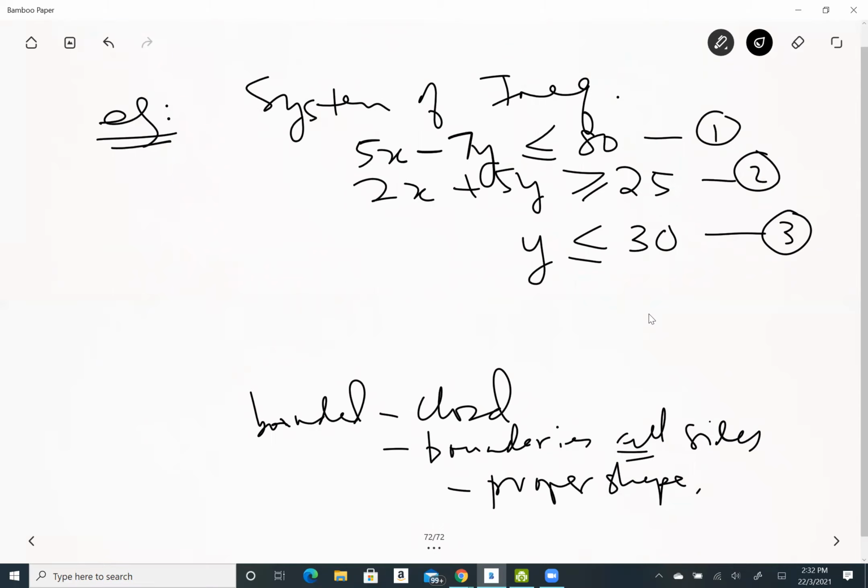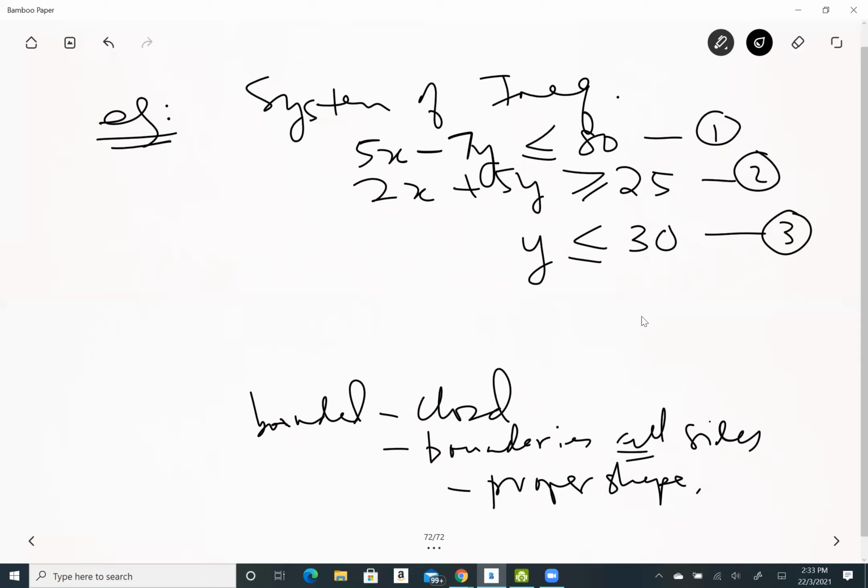Sometimes whether it is a horizontal line or vertical line can be confusing. So is it x or is it y? Now y equal to 30, the equation. Is it the vertical line or the horizontal line? Horizontal. y equal to 30 is the horizontal line.